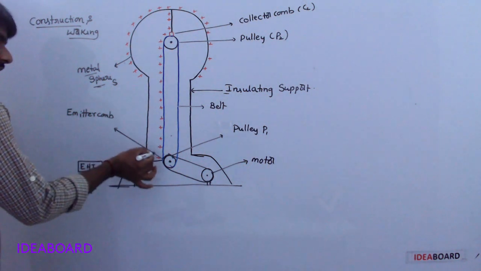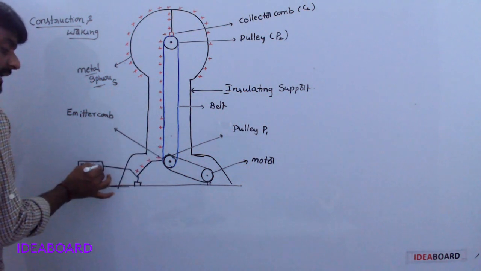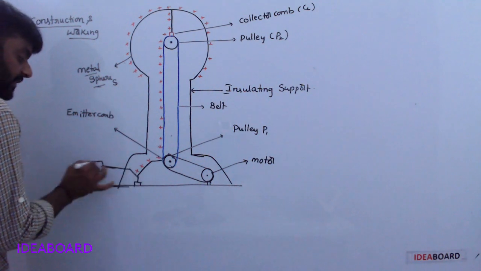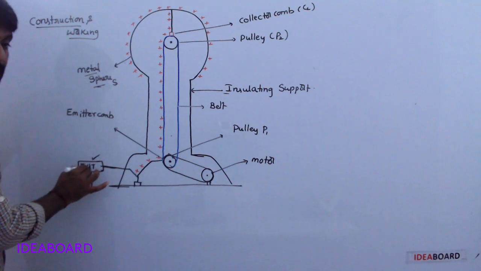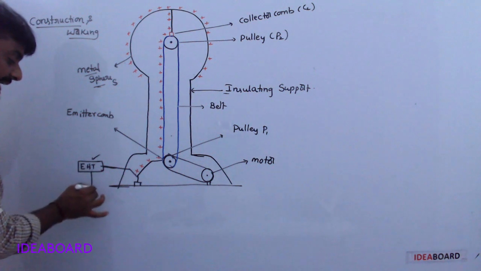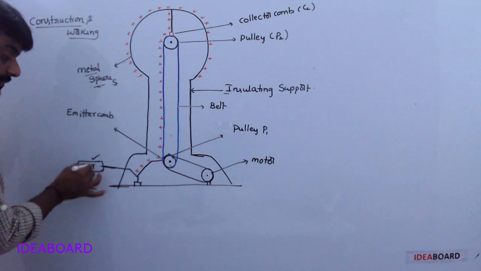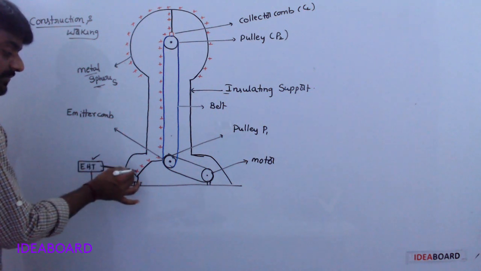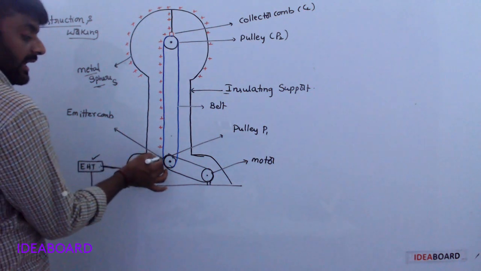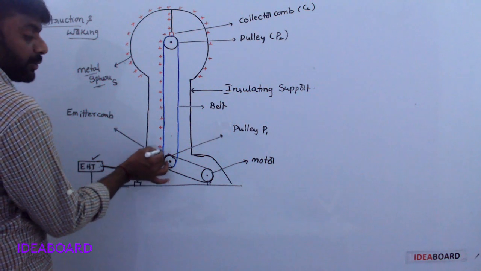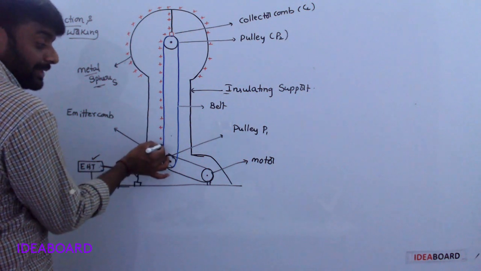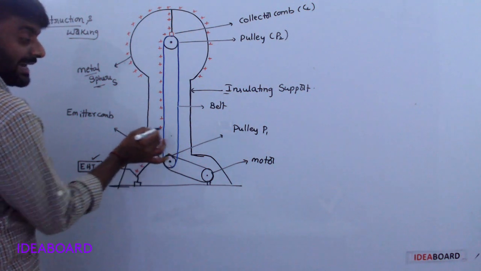Now this emitter comb takes the positive ions from this high tension battery, one part of which is connected to the ground. It takes the positive ions from the high tension battery, and these ions are transferred through this insulating belt.